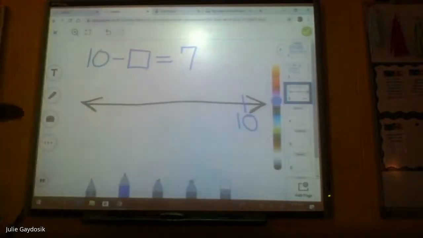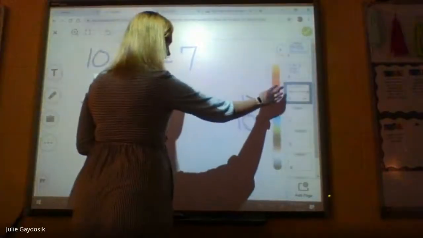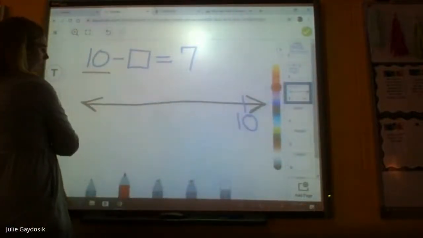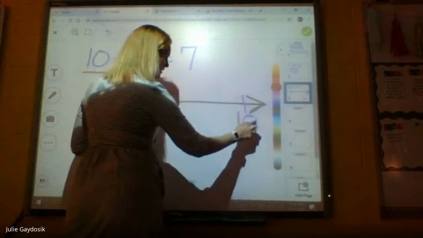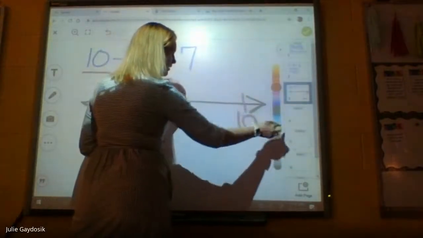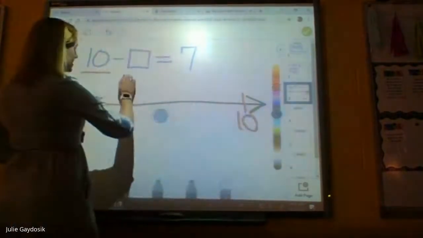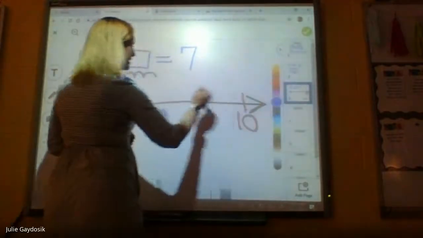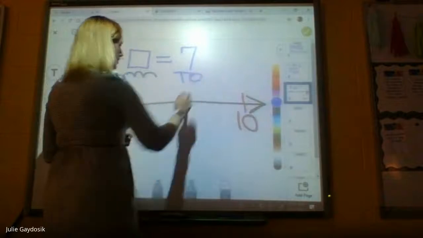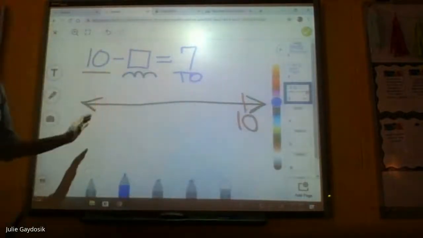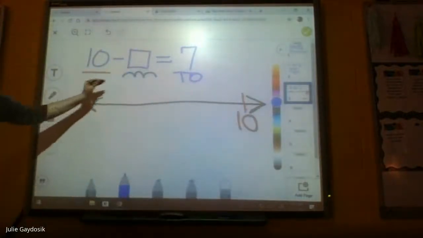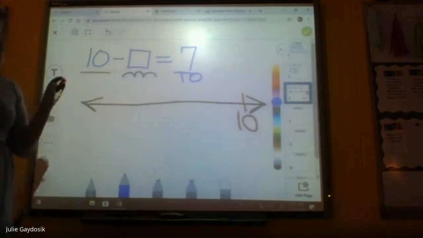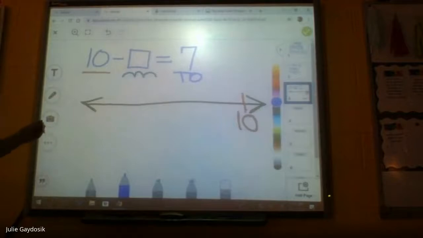Then remember, and I've talked about this before, this is the number you start with. This is 10. These are the hops you do. And this is what you hop to, so where you end up. If you need to make that little picture underneath your equation, that's more than okay.